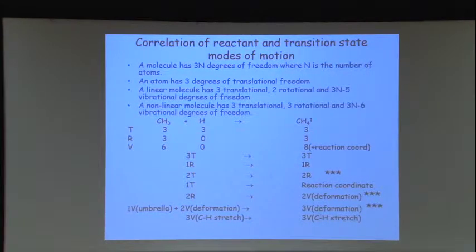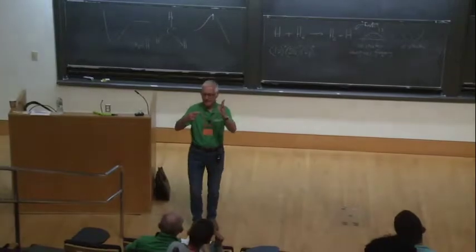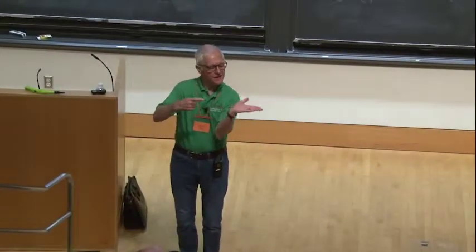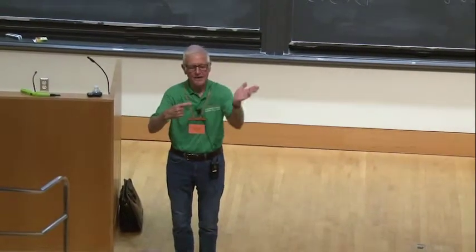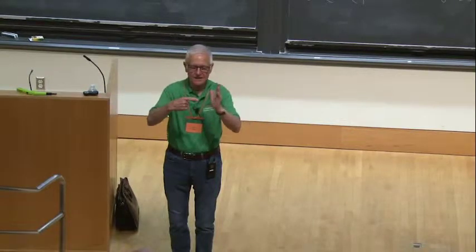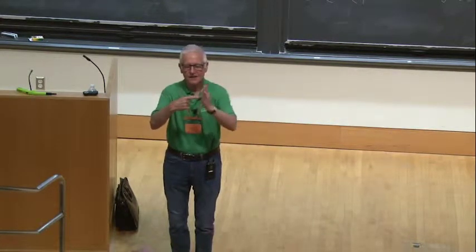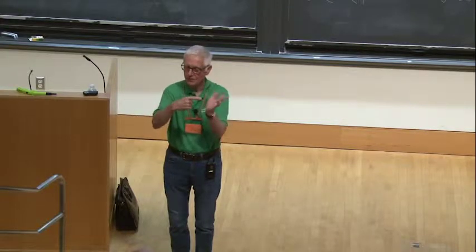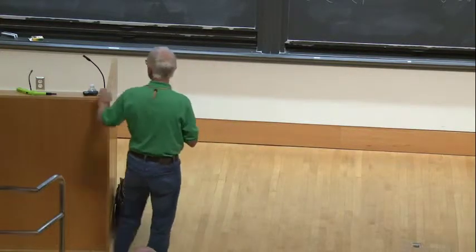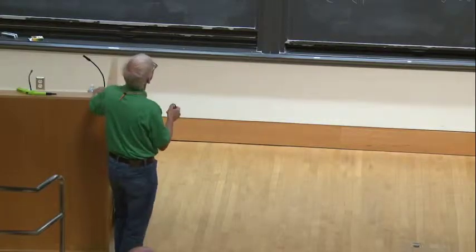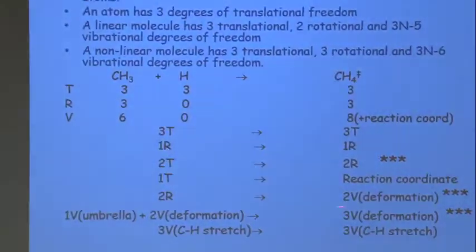So you can imagine, here's the CH3, here's the H. The CH3 is rotating quite happily until the H gets closer, and then its rotation is restricted, and it goes over to some sort of deformation mode. And that can happen with 2 of these rotations going over to those.